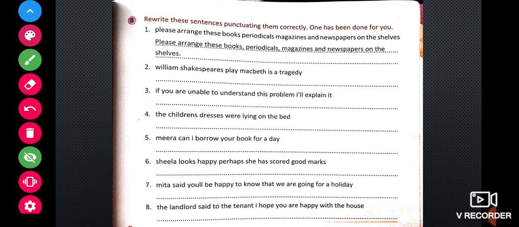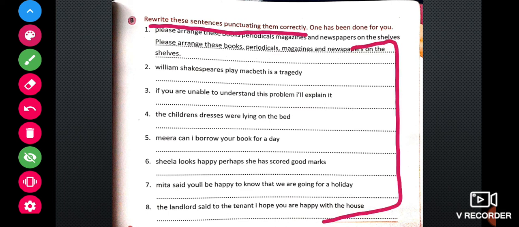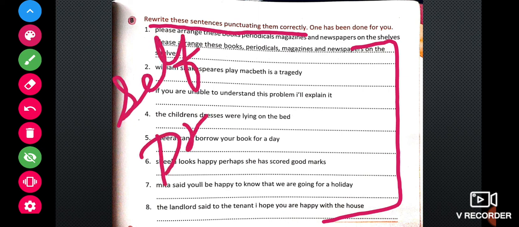Now this is exercise B, which comes after exercise A. Here too you have to rewrite the sentences, punctuating them correctly. So this also you have to do on your own. This is also your self practice work.